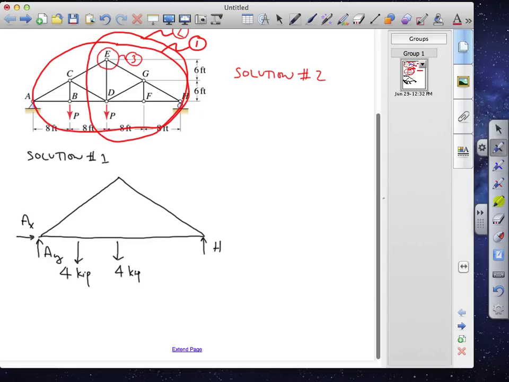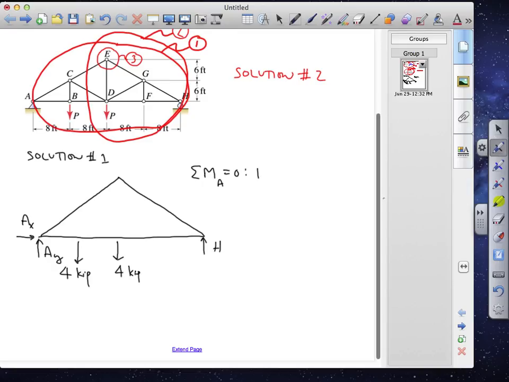Here the reaction at H exerts a counterclockwise or positive moment about A through a distance of 32 feet, and the two 4-kip loads exert clockwise or negative moments through distances of 8 and 16 feet respectively. Therefore, our moment equation ends up looking like this.